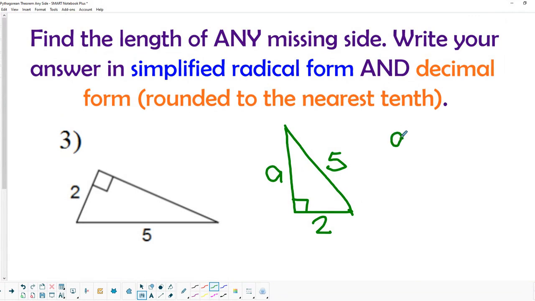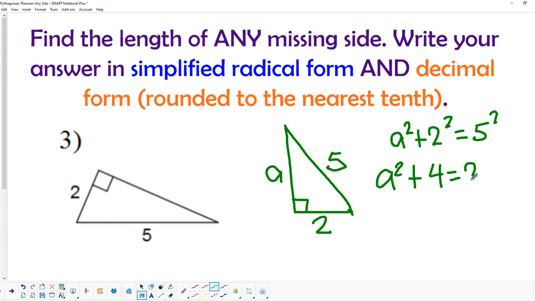So once again, a squared plus 2 squared, the b squared, equals c squared. So a squared plus 4 equals 25.